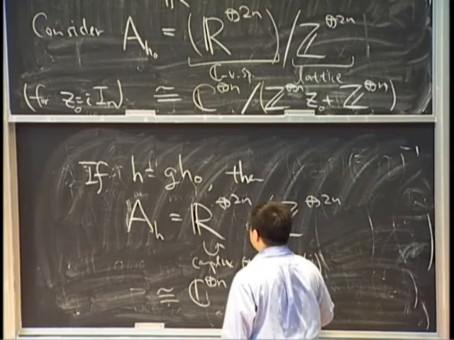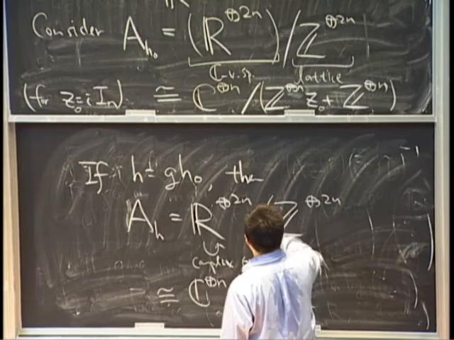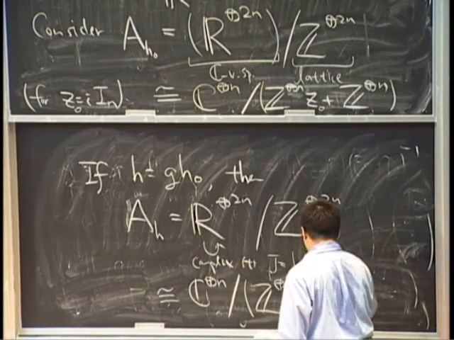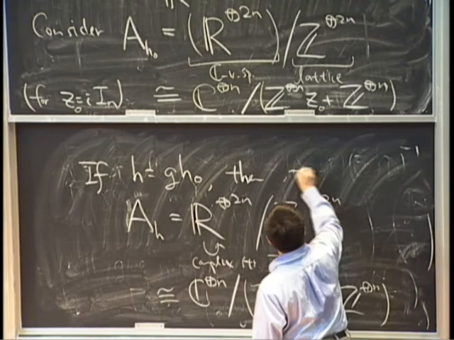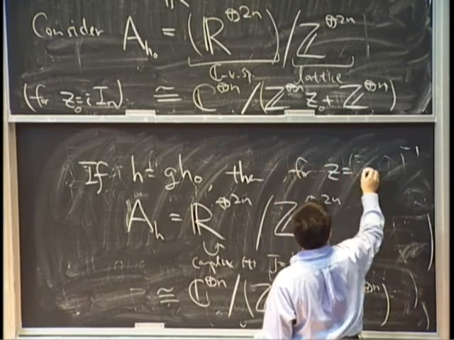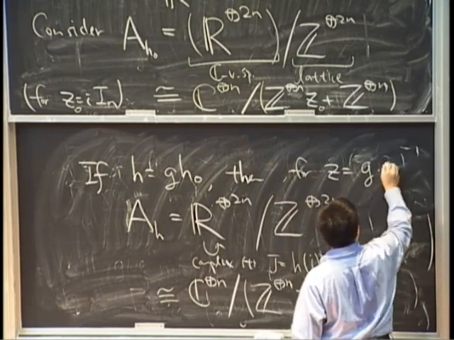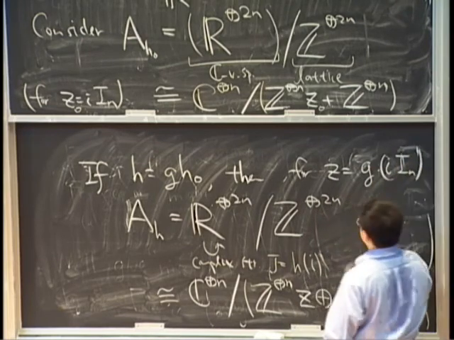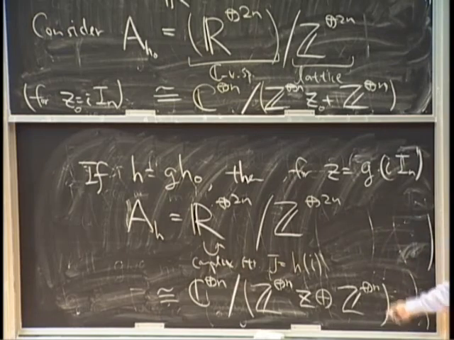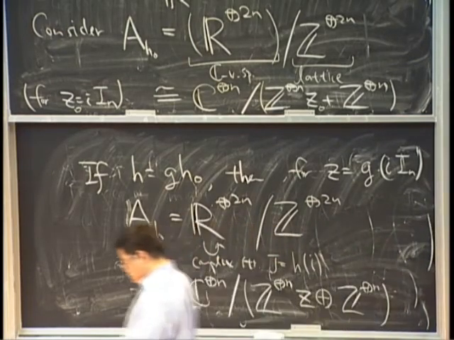This is just the z. Well, I didn't say what z is. I'm going to say it. Then for z equal to g times this in, you actually have this corresponding complex torus.